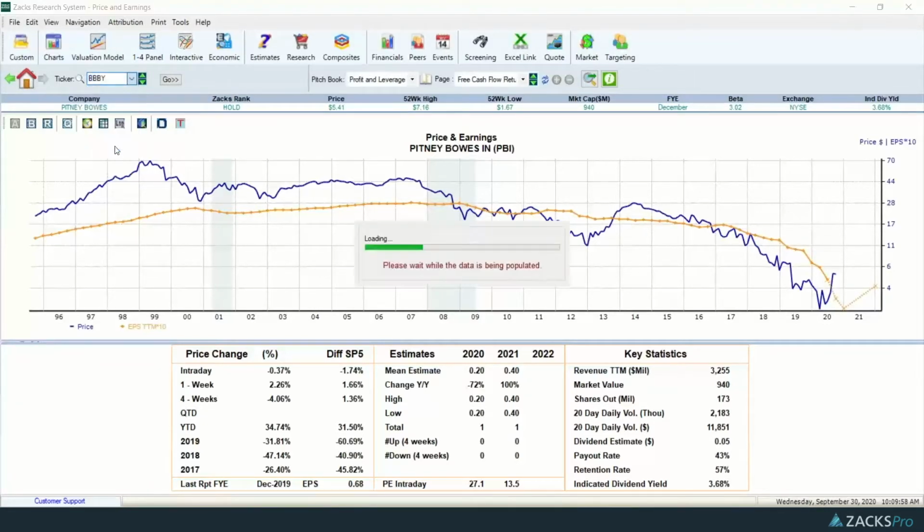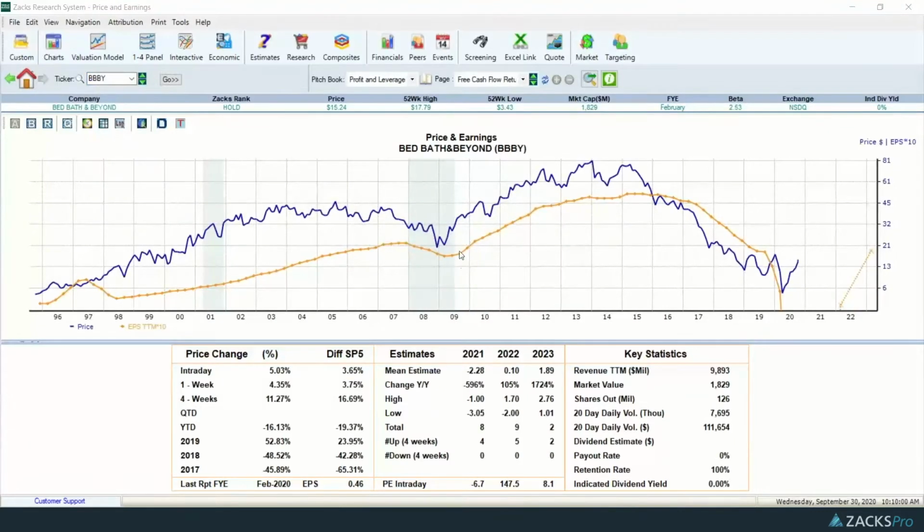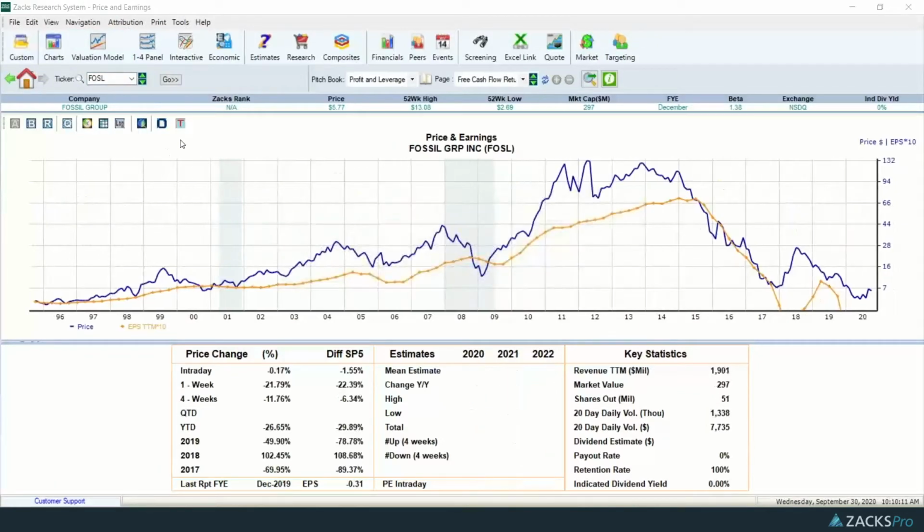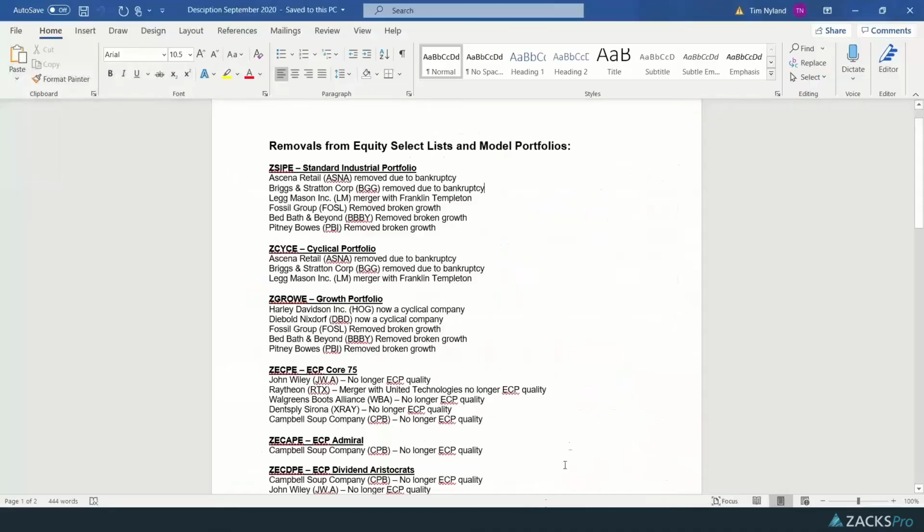So it has to be removed. Same thing with Bed Bath & Beyond. This was obviously a darling stock in the early 2000s, and it's just broken growth now. So it's been removed as well as Fossil. Okay, similar stories there. So let's go back to our Word document here.